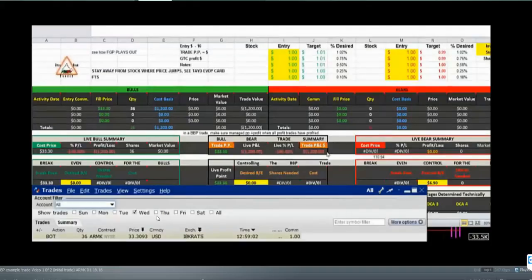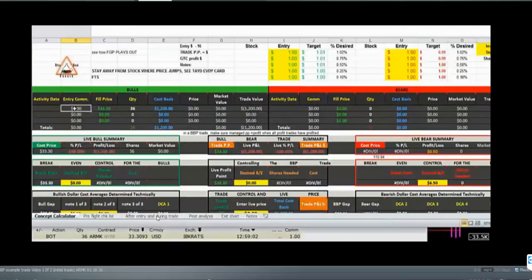Okay, so here is our template Bull Bear Profit Concept Calculator. I'll go ahead and enter in the numbers down here from our live trade. We bought, meaning going long, meaning we're entering it in the green section. We know we have a commission of $1, so we'll put $1.